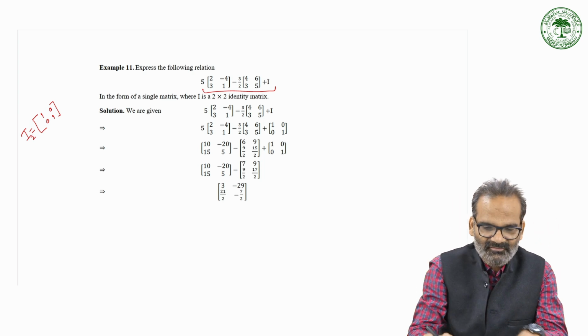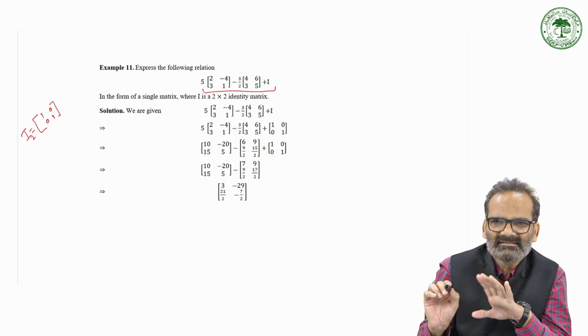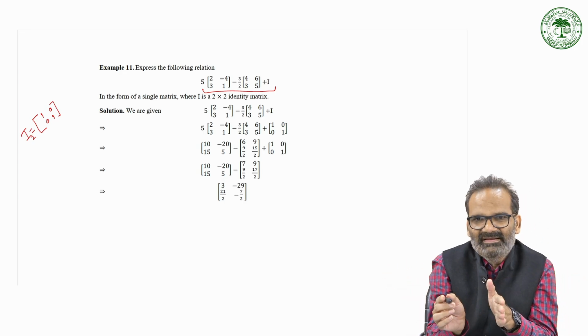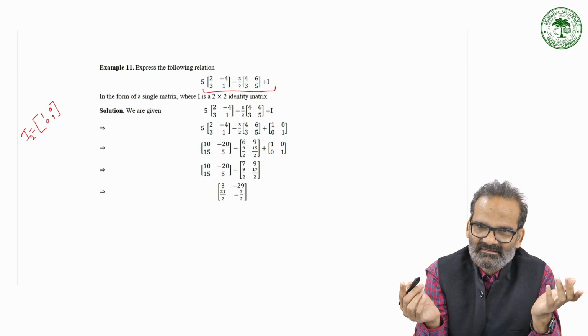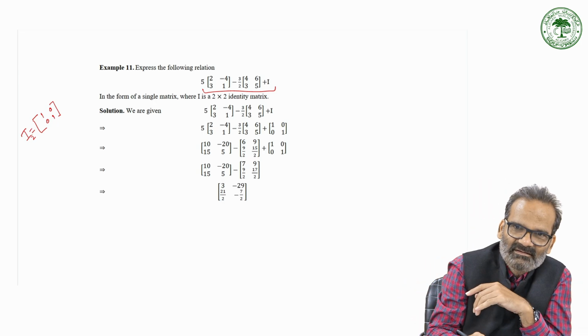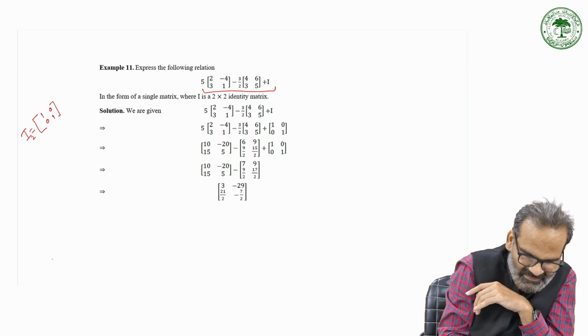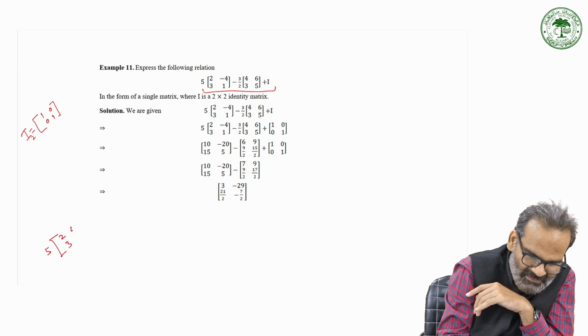So in place of I, write down this matrix and simplify it. You will get a single matrix that will be the required answer. I think it's a very simple case. See, this can be written as 5 times the matrix 2, 3, 4, 1, minus 4 times this matrix.